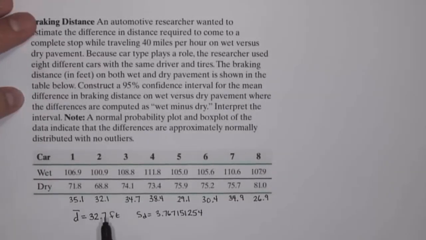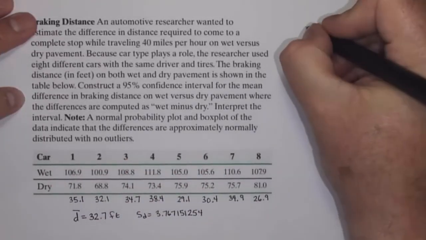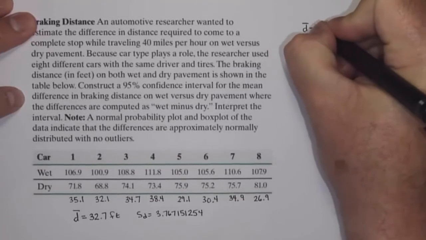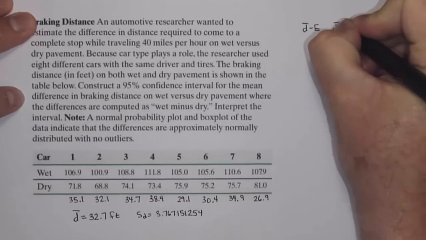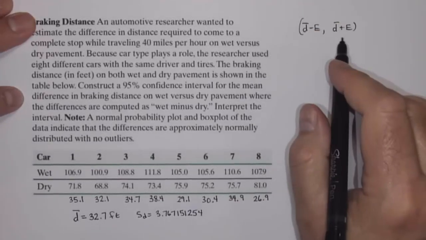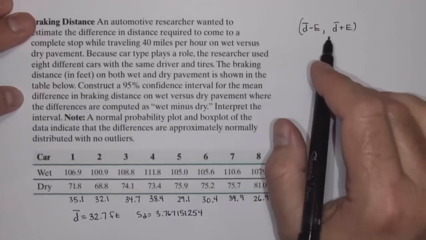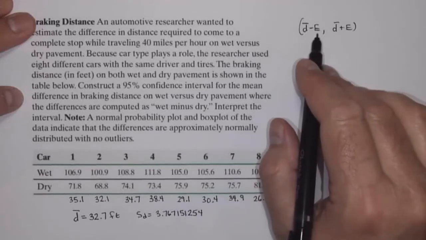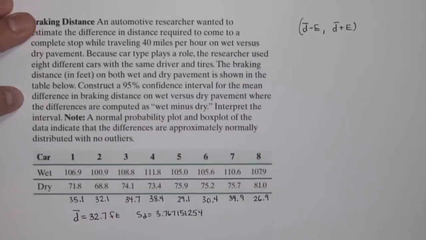Now, to find our 95% confidence interval, we're going to take d bar minus the margin of error to d bar plus the margin of error. That will be our 95% confidence interval. But we need to figure out what that margin of error is. We do know d bar already.